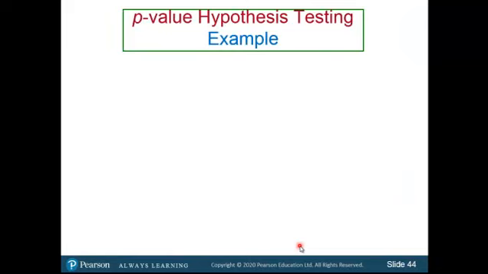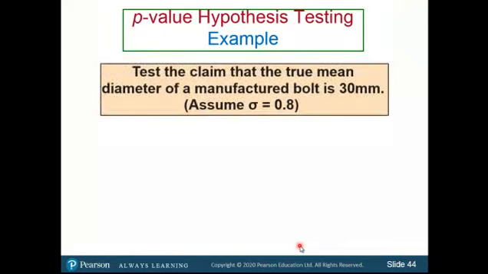Here is an example of how to use the p-value in hypothesis testing. Again, this is the hypothesis statement. Test the claim that the true mean diameter of a manufactured bulb is 30 mm.